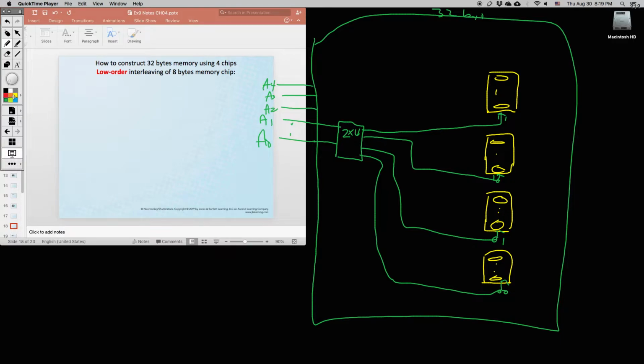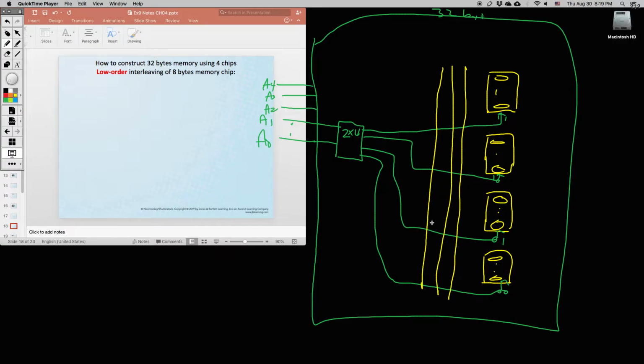Then the remaining high order bits are directly connected to the address lines of the memory chips. So let's have three address lines vertically in parallel, labeled A4, A3, and A2.